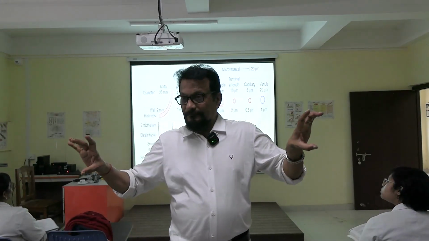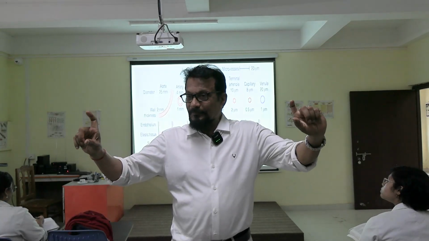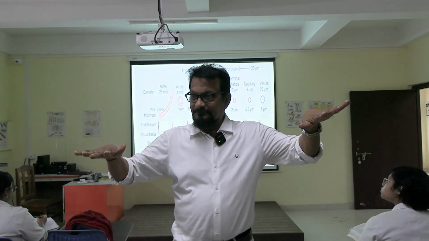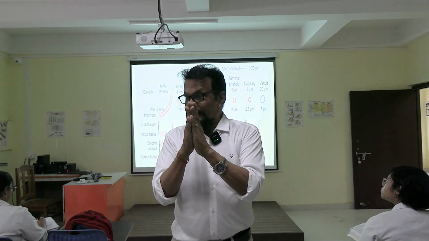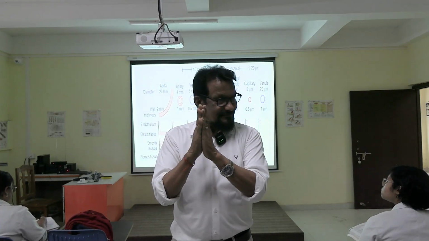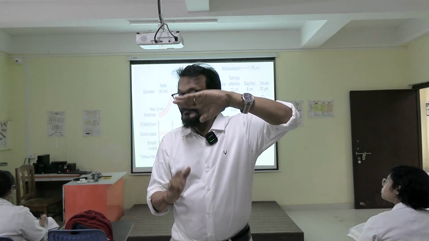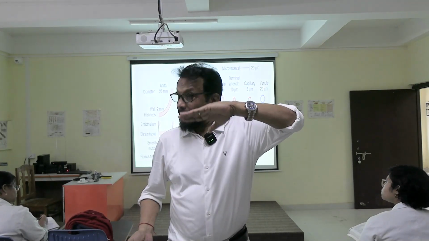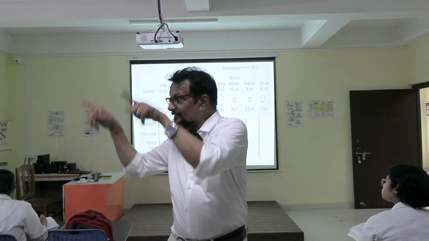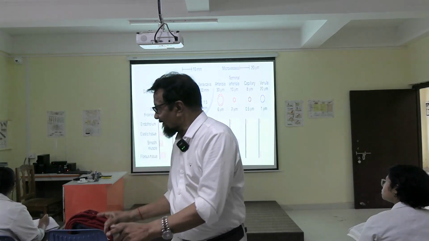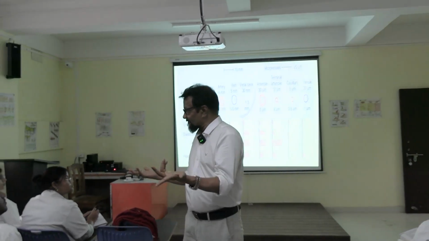We have a mechanism of control of body temperature. What is this mechanism? Heat loss and heat gain. When heat loss and heat gain are equal, then body temperature is constant. If body temperature is raised, then what has to be done? Heat loss has to be increased. During this climatic condition, we need to increase the heat loss.